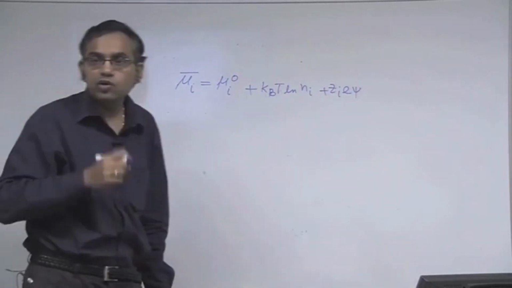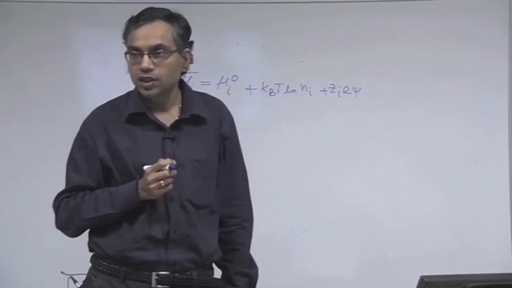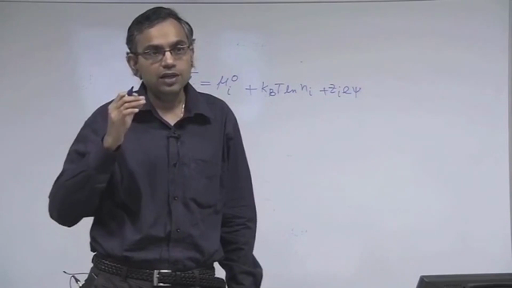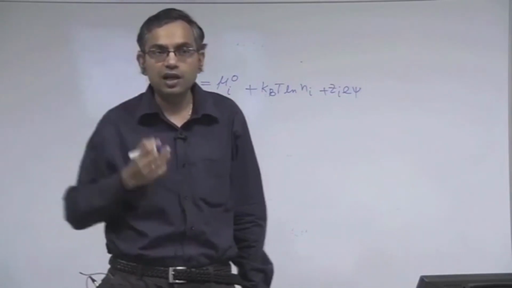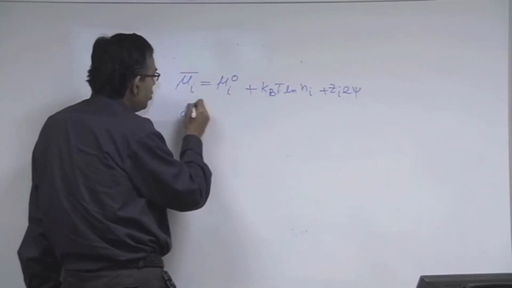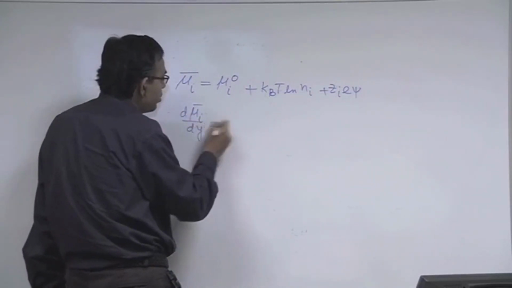Now for the system to be in equilibrium, what is the electrochemical potential? The gradient of electrochemical potential must be 0. So for equilibrium you must have d mu I bar dy equal to 0. What is the y direction?